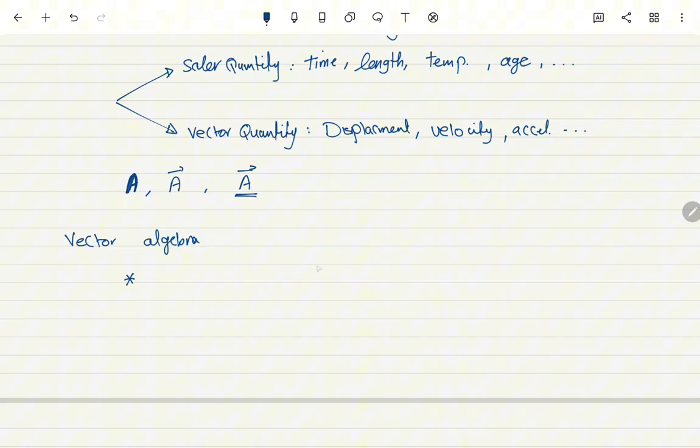For example, if we have here vector A and vector B, and they have the same magnitude and same direction, in this case we say vector A is equal to vector B.